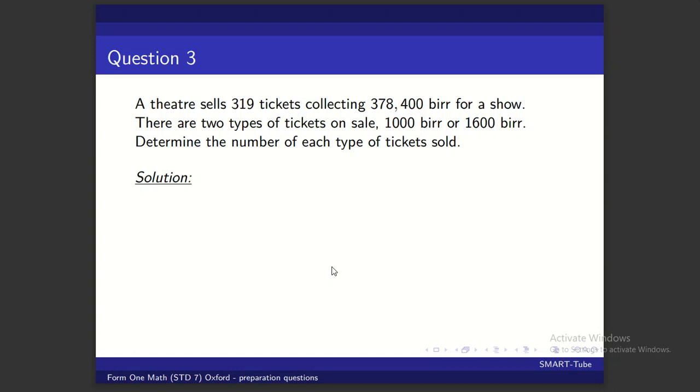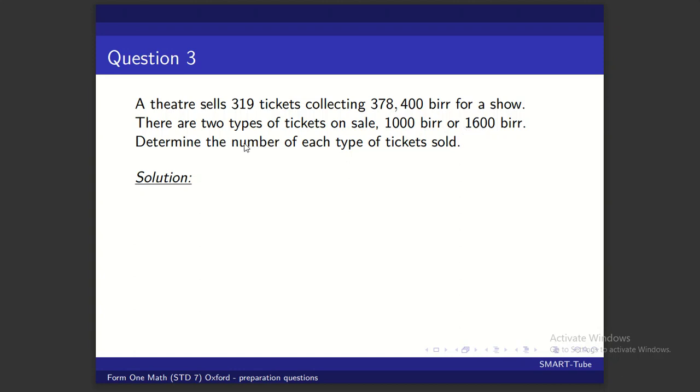So the third one says a theater sells 319 tickets, collecting this much money for the show. And this is birr, the Ethiopian currency. Then there are two types of tickets on sale, one worth 1,000 and the other worth 1,600.